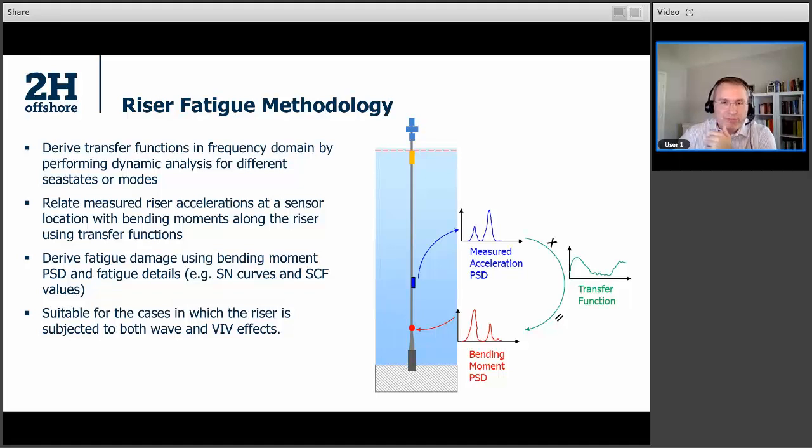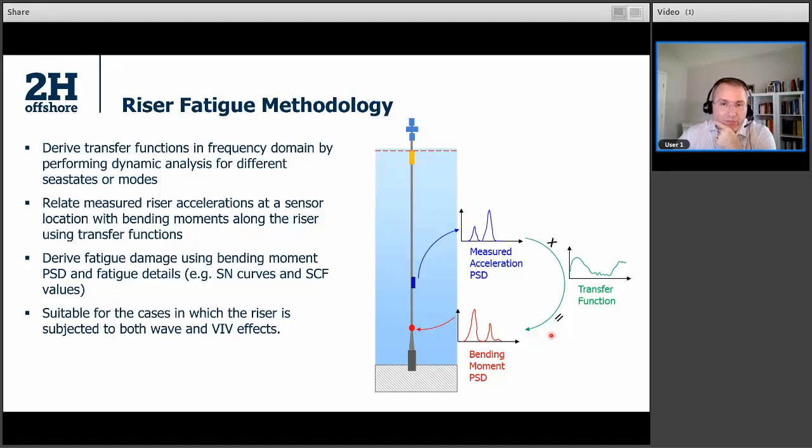It's described in this sketch here. What we do is we first derive transfer functions in the frequency domain by performing finite element simulations. I'm not going to go into too much detail over here on how this is determined, but I can provide more data and maybe share some papers or technical documents so you can get more information on that.